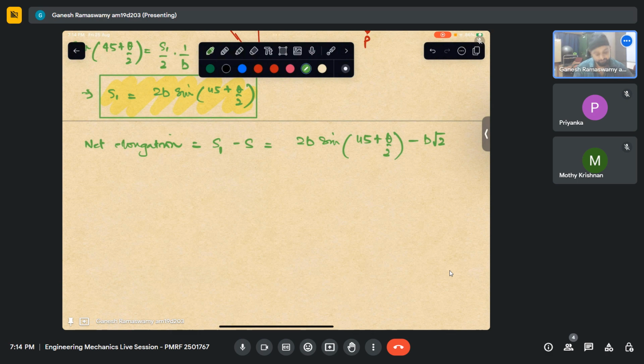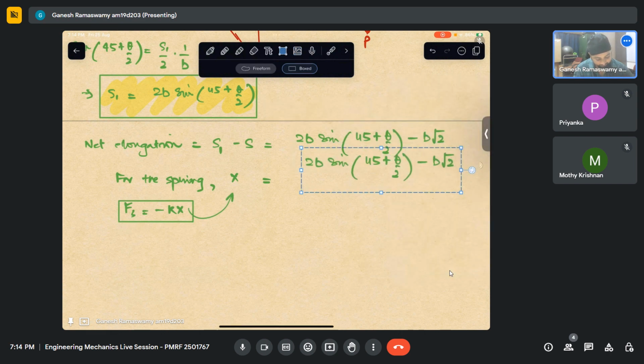So this is my X for the spring. This is my X with the understanding that force in the spring is minus Kx. So for that minus Kx, this X is this quantity here.